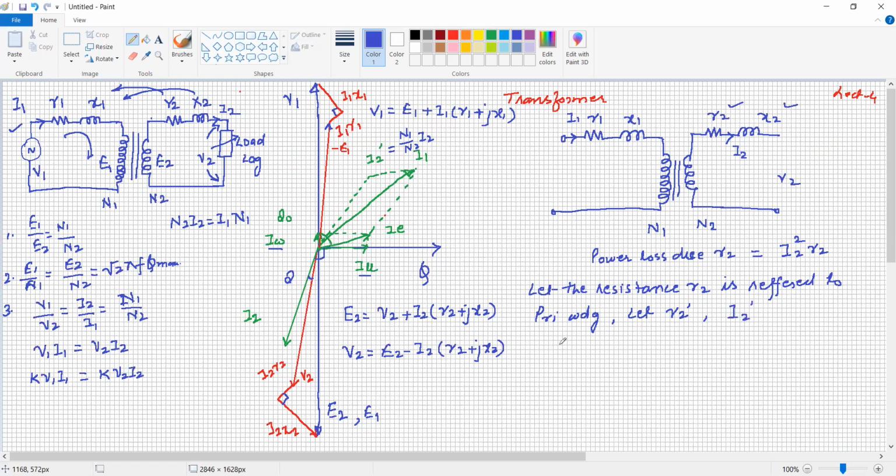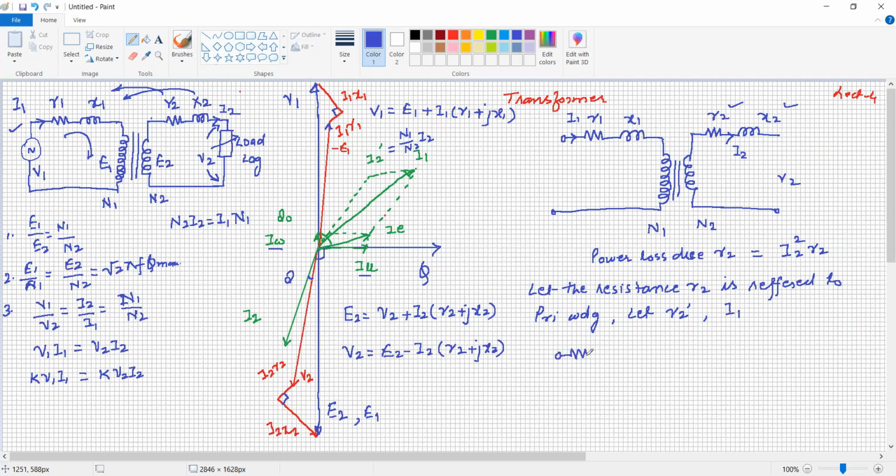So when the power is invariant, the true transformation is such that the current remains as it is, I1, in the primary side. So it looks similar to this one.